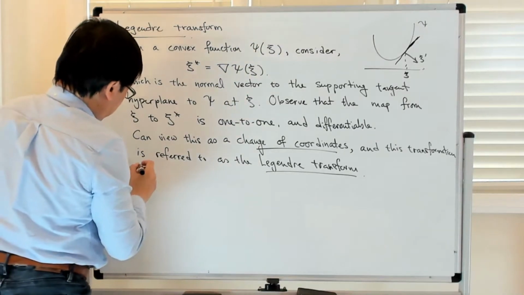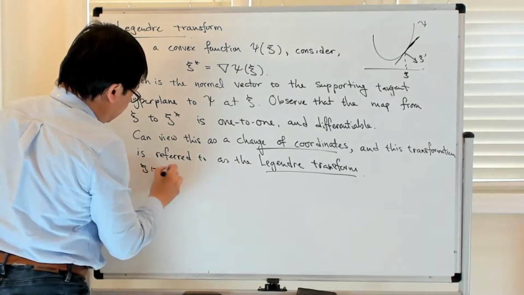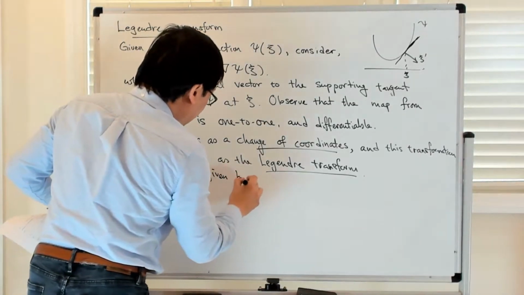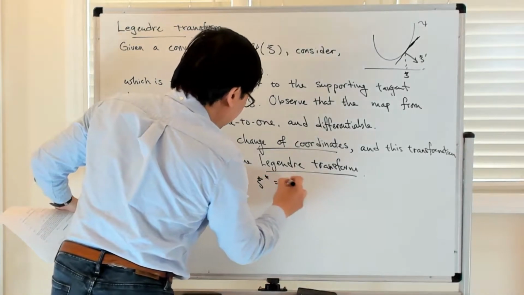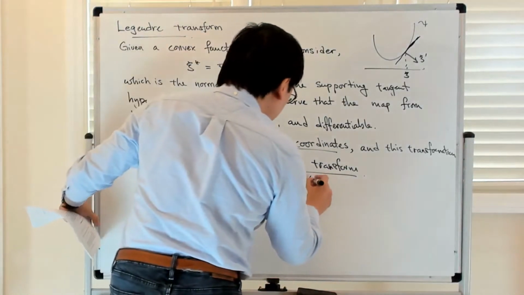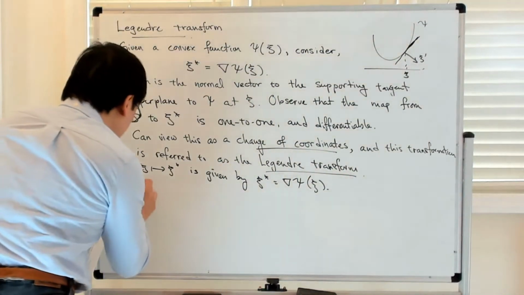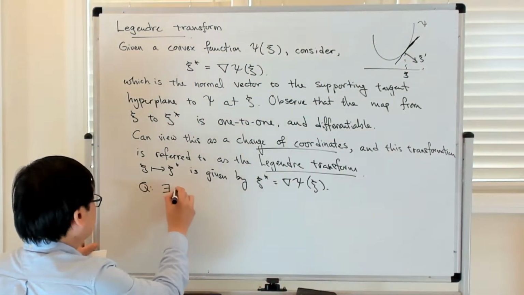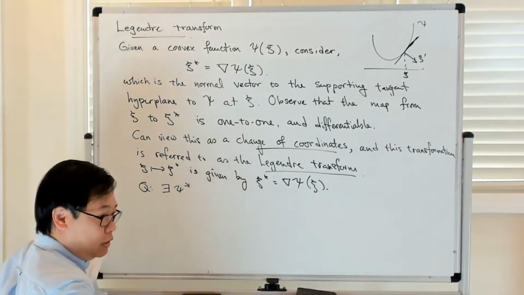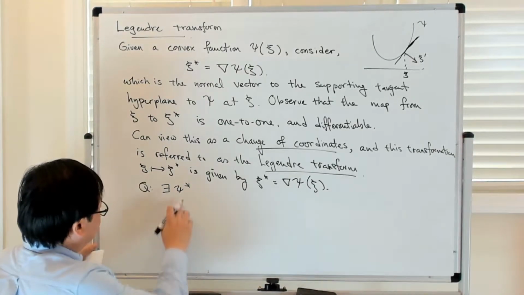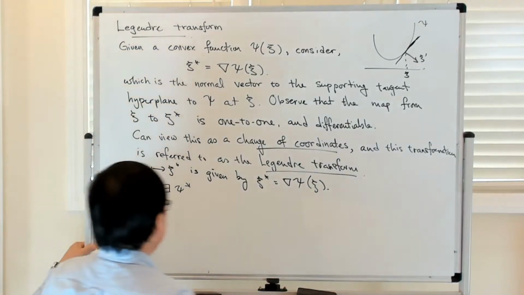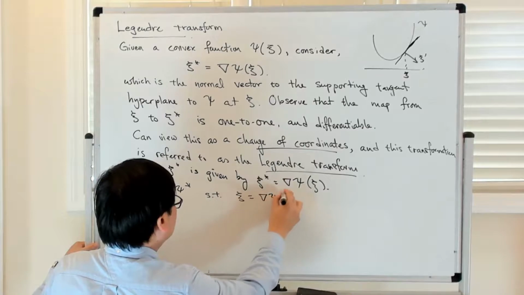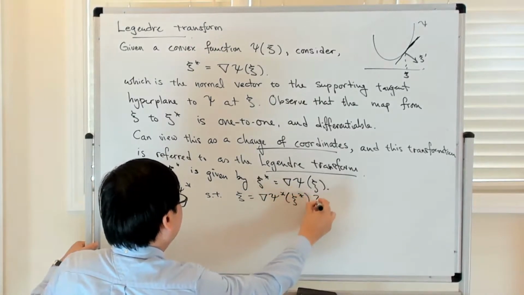So the map C to C star is given by C star is the gradient of a convex function at C. The natural question is: does there exist some dual to the convex function such that C is equal to the gradient of this dual, psi star of C star?